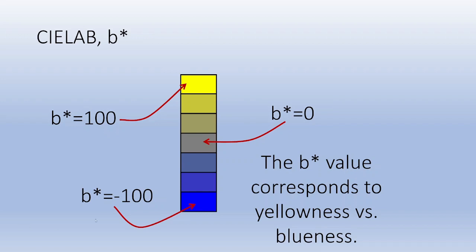If the number is a very high value, if B star is, let's say, 100, then the color is very yellowish. If it's a large negative number, like minus 100, then it's a very bluish color. And somewhere in between, we would say it's gray, or at least it doesn't have any yellowishness or bluishness. B star, the third component of CIELAB.